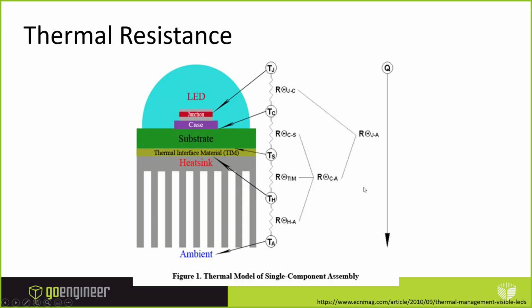So if we look at this example here, we have an LED which generates heat, and the manufacturer will provide us with some thermal resistance numbers based on their testing. It's too complicated to model the junction to the case, so they'll do testing on that, and the manufacturer will provide you with the junction to case thermal resistance.